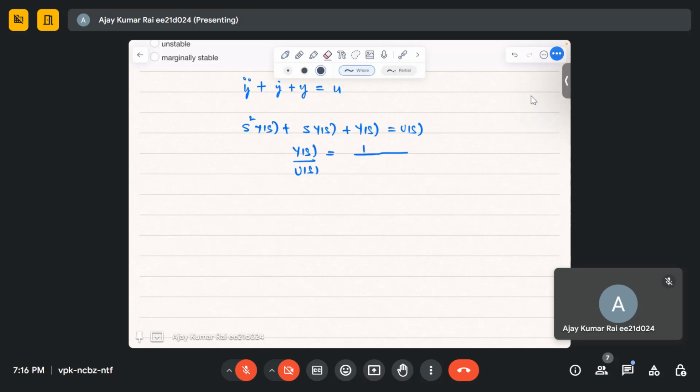This is 1 by s square plus s plus 1. This is the transfer function we are getting.